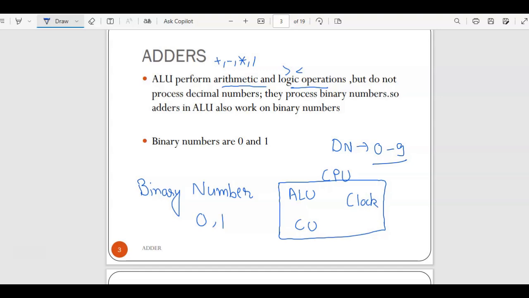If it is written in decimal form, you have to convert it into 0 and 1 so that the computer can understand it and perform the operation on the given input. Adders in the ALU also work on binary numbers because adders are part of the ALU, and the CPU works on computer understandable language, that is binary codes.